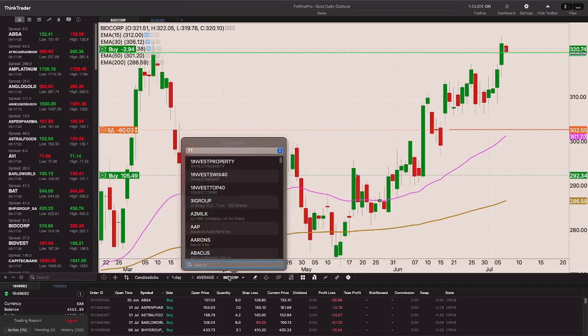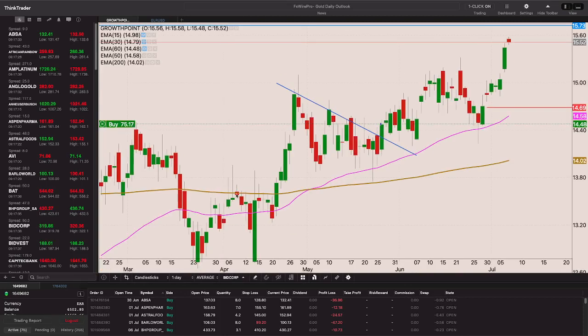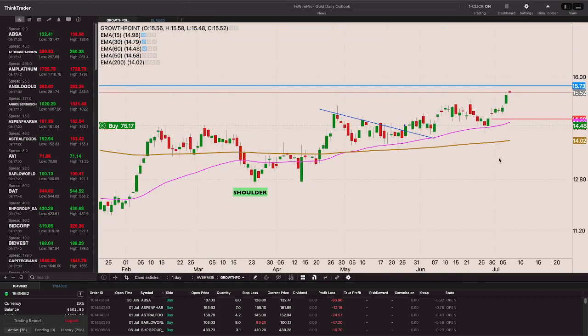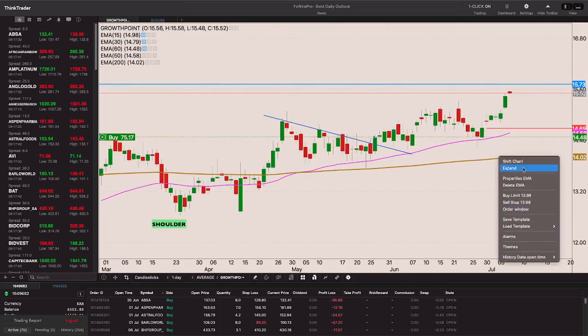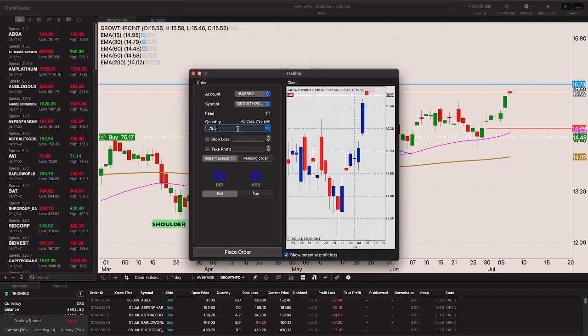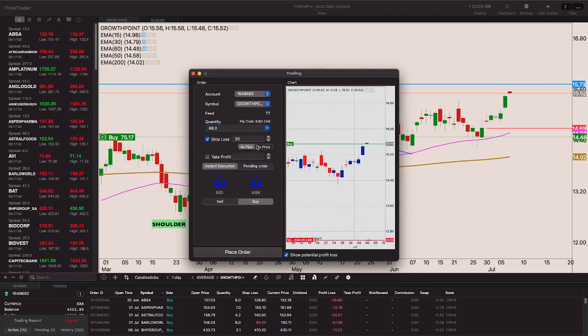Let's do Growthpoint as well. So 68 shares of Growthpoint, 68, with a stop loss of 1448.